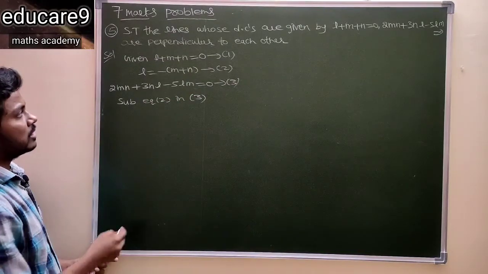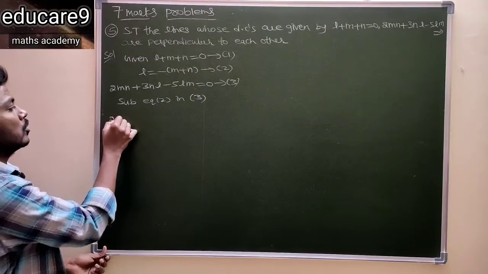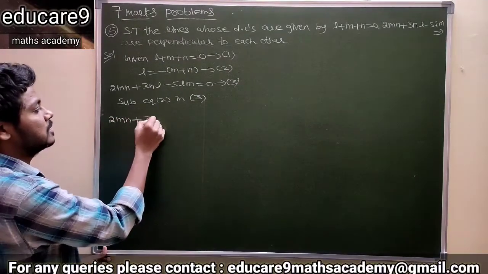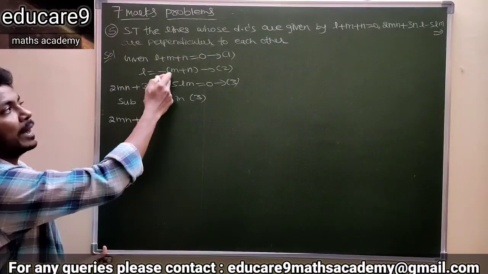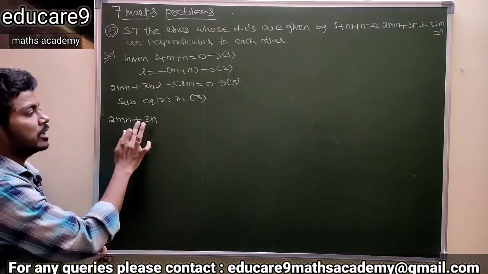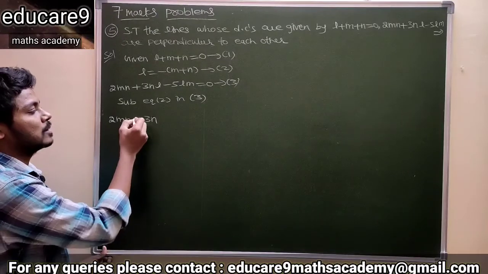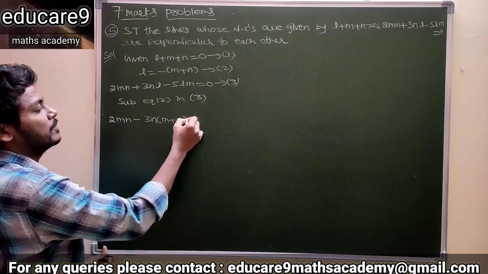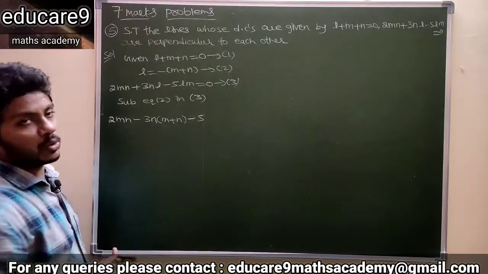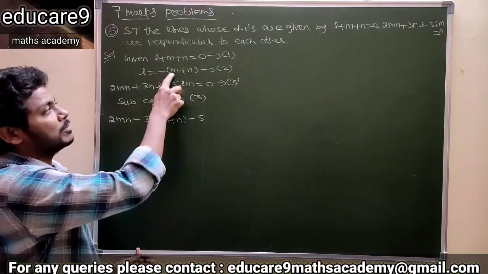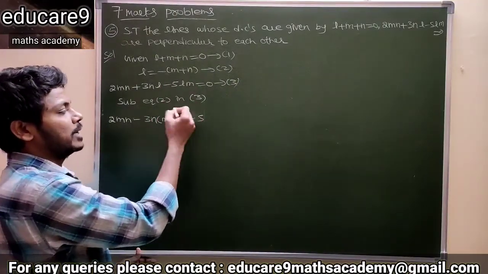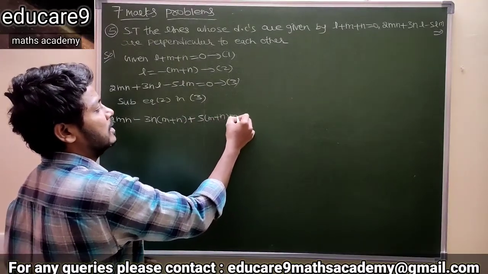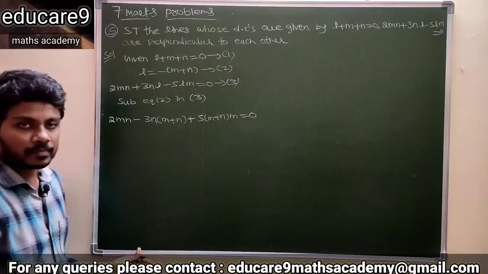See here, what do you get? 2mn + 3n into, what is the l value? -(m + n). So here we will get -3n(m + n) - 5 into lm, l is -(m + n), so minus into minus gives plus 5(m + n) into m = 0.